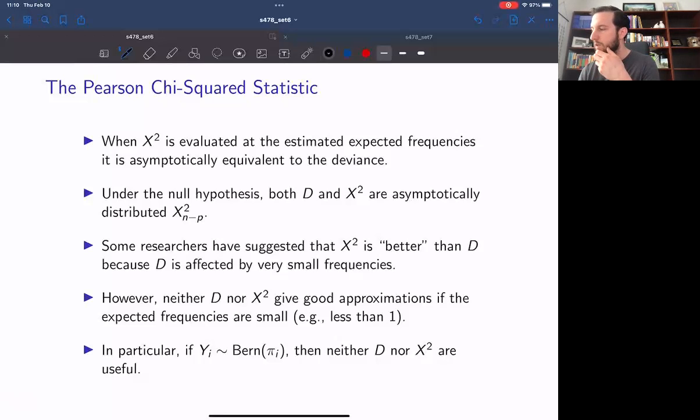reliable? While there isn't really a hard and fast rule that I've been able to find to answer that question, the illustrations we've been looking at so far, for example the beetle mortality data, have had sample sizes greater than 50, and those have illustrated situations where we have been able to use the deviance reliably.